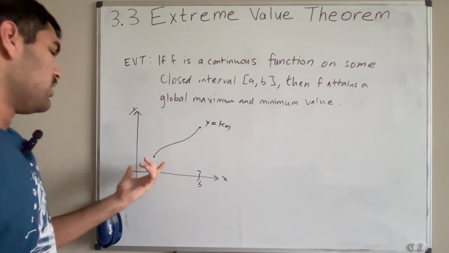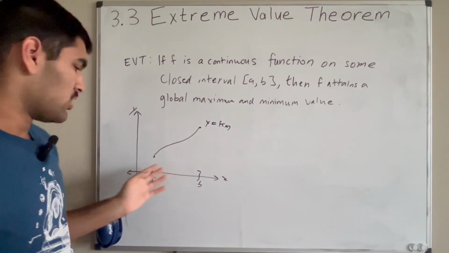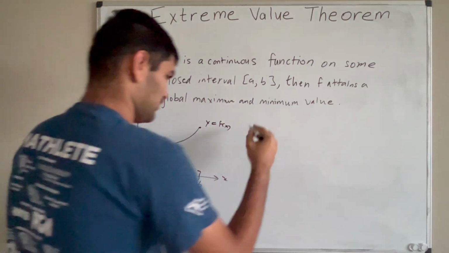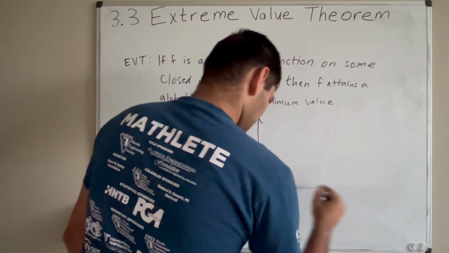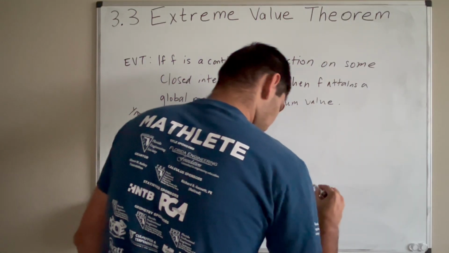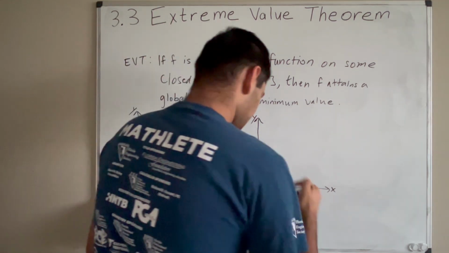In this case, it was a special case where the extrema occur at the endpoints, but obviously they could occur within the interval too. For another example of the extreme value theorem, let's say this is a and this is b again, and it looks something like this.